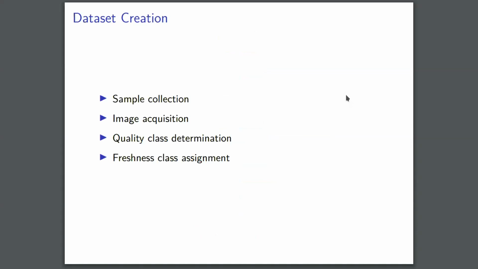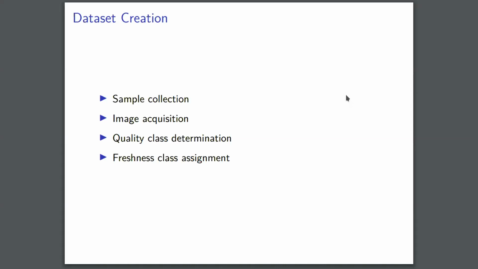As I mentioned before, we performed sample collection. The hog plum samples were around 100 to 120 days old. They were collected from Agri Horticultural Society, and we took multiple images of each hog plum from various angles as well. In total, there were around 275 samples.